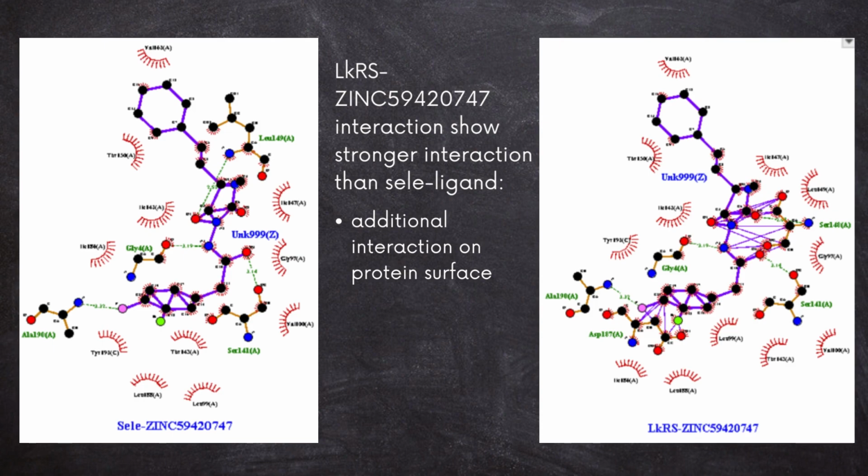These additional interactions would not be included in the selected residue analysis, but could contribute to the overall stronger binding energy observed with the whole protein. Despite the slight differences, overall, ZINC59420747 shows good interactions with riboflavin synthase.